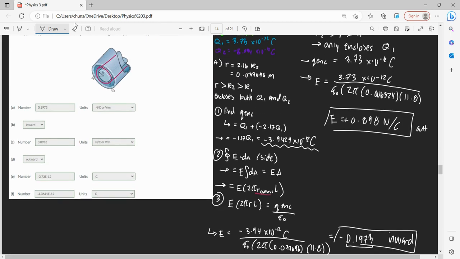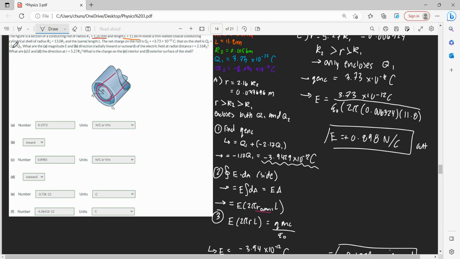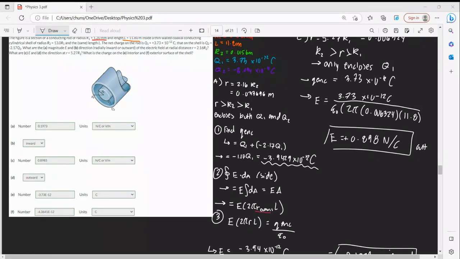Okay, and last couple ones, we want to find what our electric field is at the interior and exterior surface of the shell. So the interior surface, we are just going to be enclosing, sorry, hold on, give me a second, I'm not sure why it's negative.